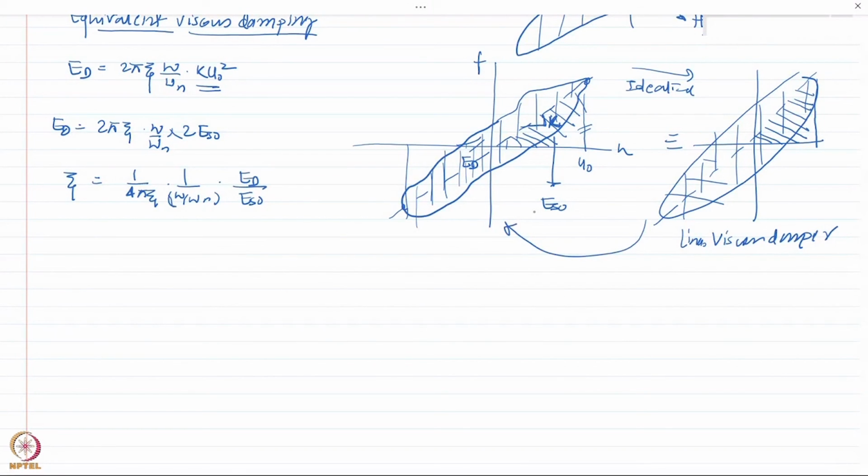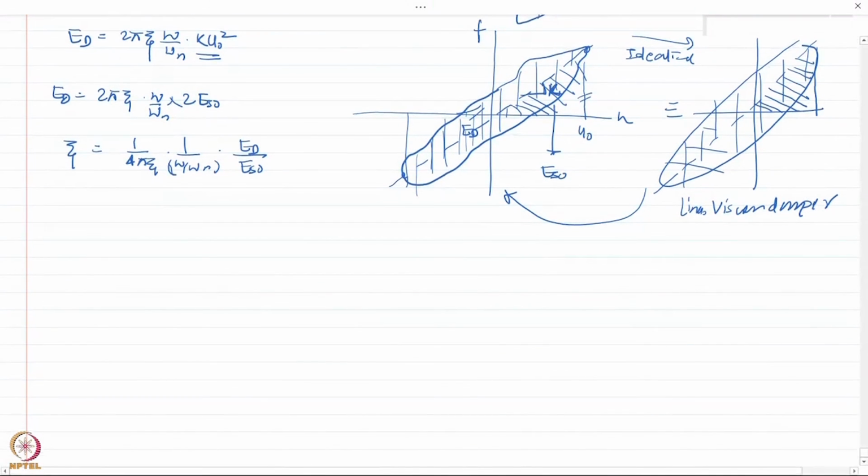Typically, when we perform the experiments, we do it at the natural frequency of the structure. So typically it is obtained at omega equal to omega n, and in this case it could be written as ED divided by ESO. Sorry, I need to correct something here.